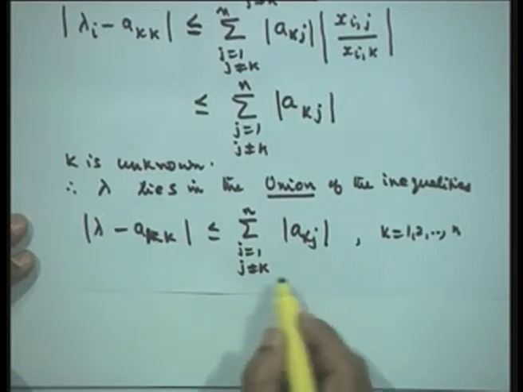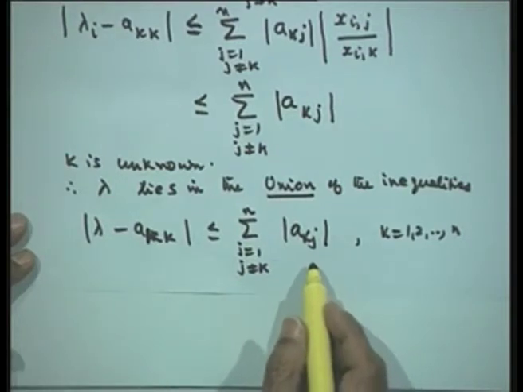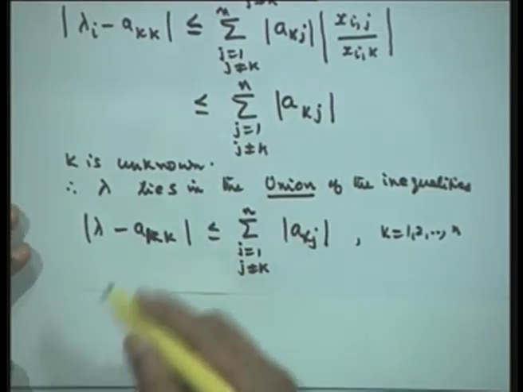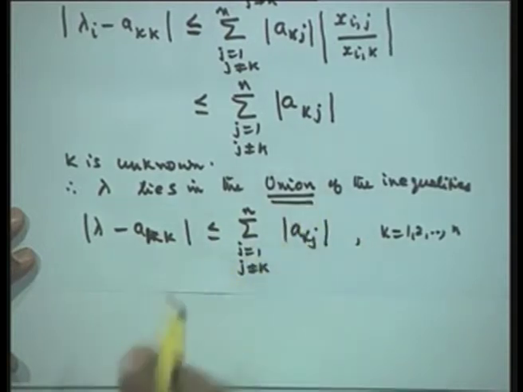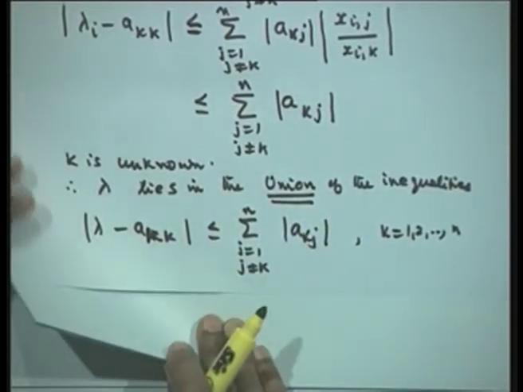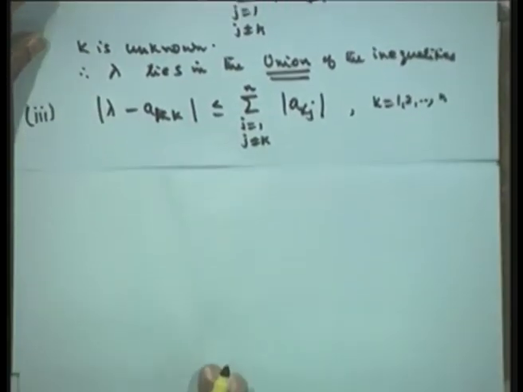Therefore, there are n inequalities of this particular type, and the union of all these will be the required bound. Now, this we will take as the third bound that we have done.